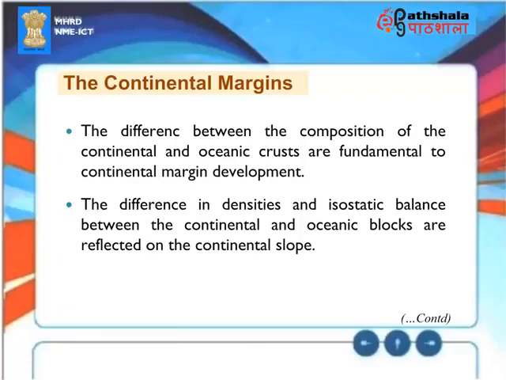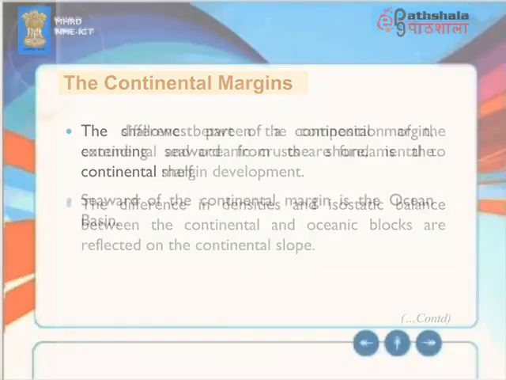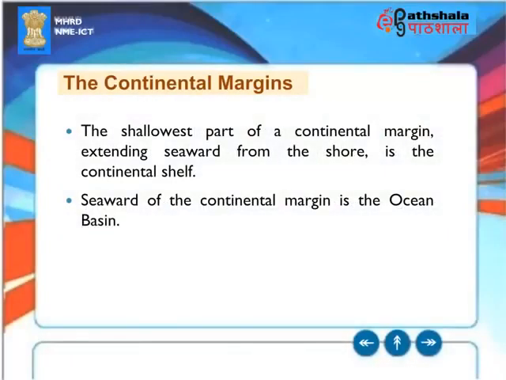The difference in densities and isostatic balance between the continental and oceanic blocks are reflected on the continental slope. The shallowest part of a continental margin extending seaward from the shore is the continental shelf. Seaward of the continental margin is the ocean basin.